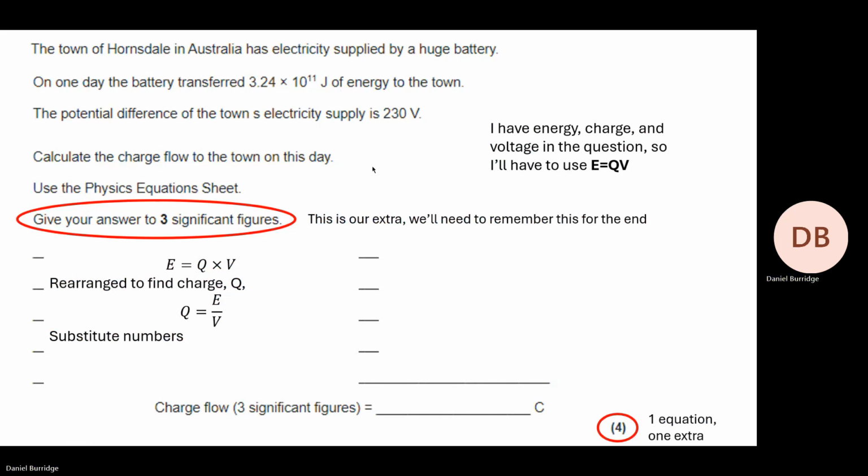But at the bottom of your calculator, you should see a button that says times 10 to the power of X. That's what you use to put these numbers straight in. So if I was going to put this on my calculator, and you can try this now if you haven't used that button regularly before, I would write 3.24. I'd then press that button of times 10 to the power of X.